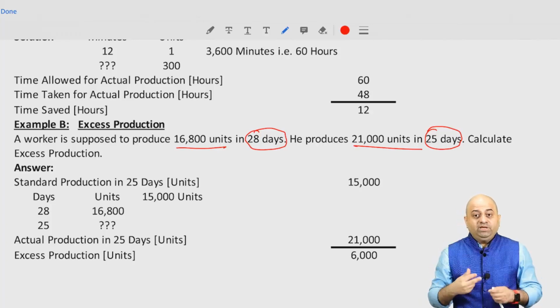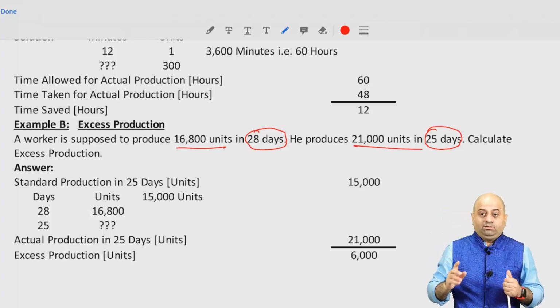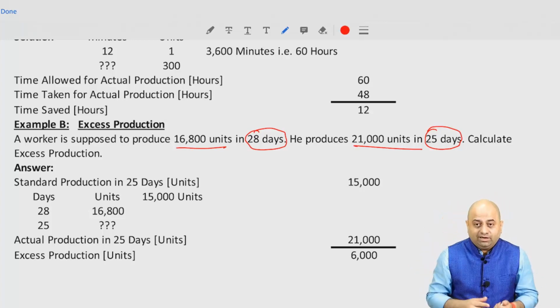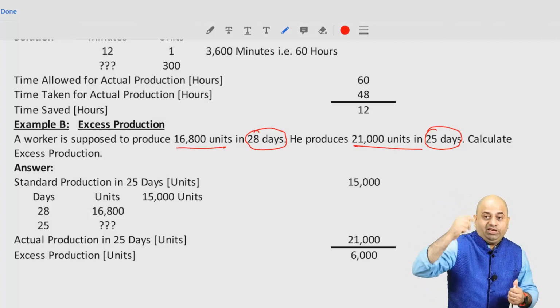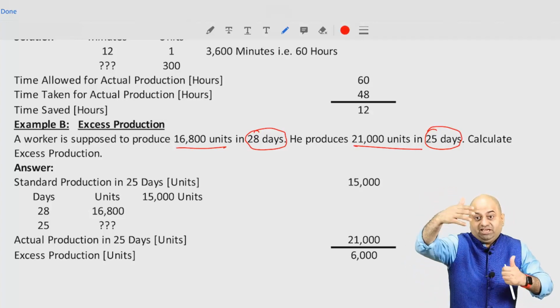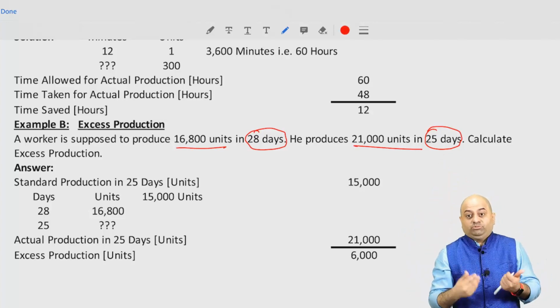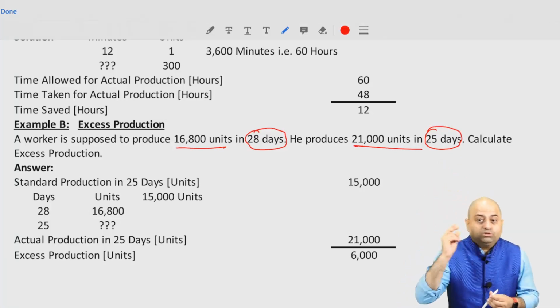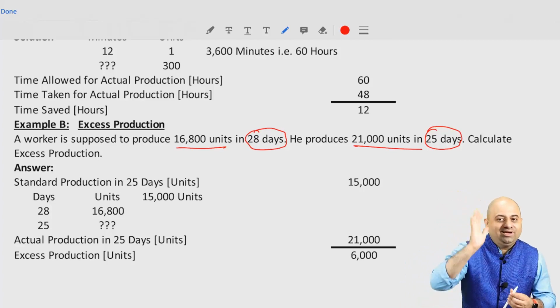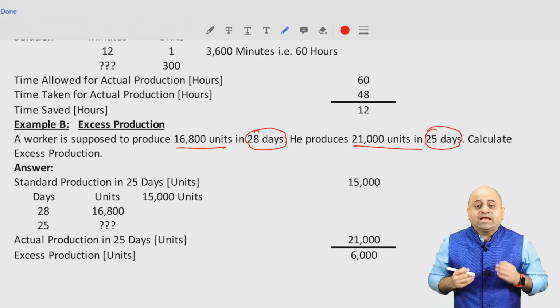Whereas for example B, we calculated excess production. Excess production is again nothing else but a calculated figure. We require two variables, standard production, which means something which he should have produced, as against actual production, something which he has produced. But both must be in actual time. In simple words, data must be made comparable.